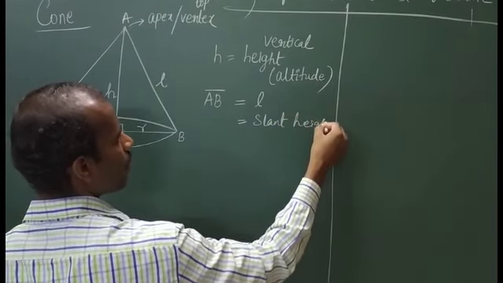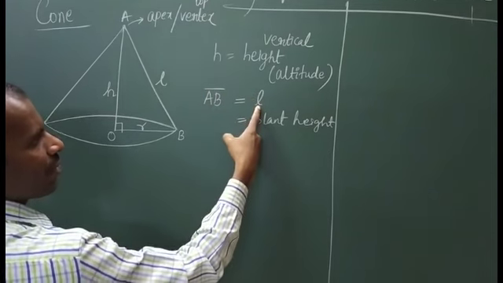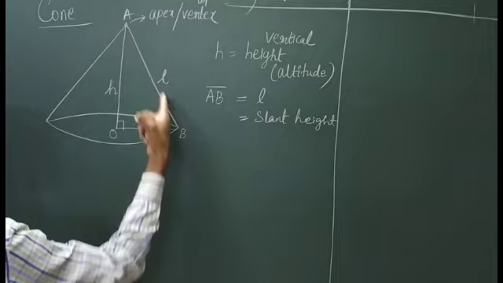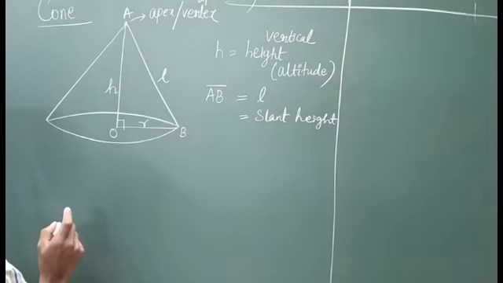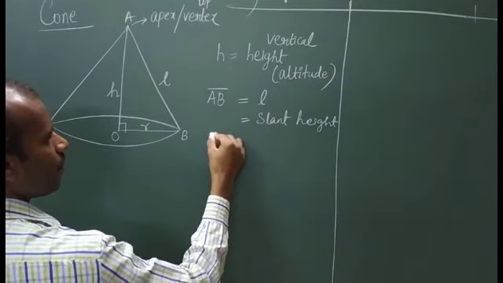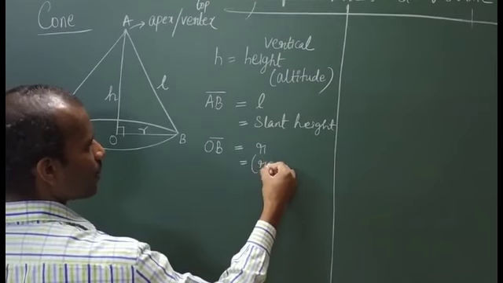Please make a note of the difference between height and L. Whenever L is given, slant height denotes AB in this diagram. Then R, OB, is equal to R, which is nothing but radius.